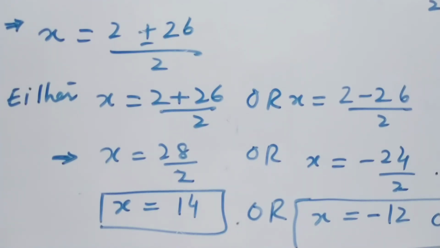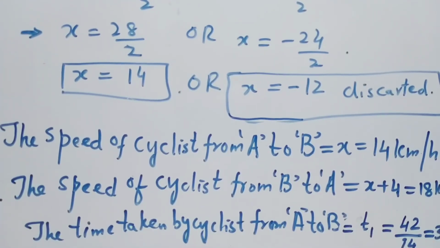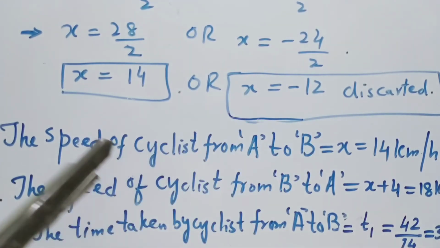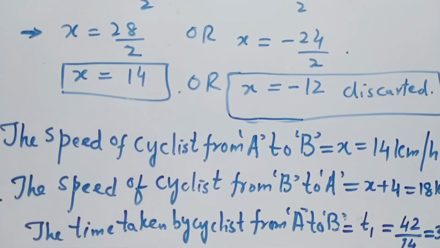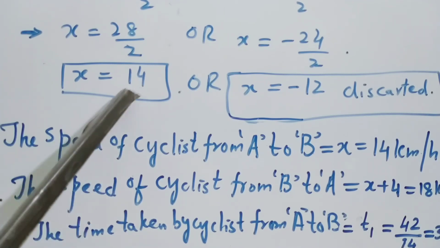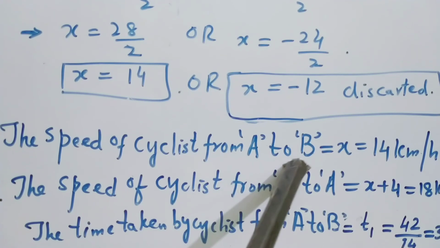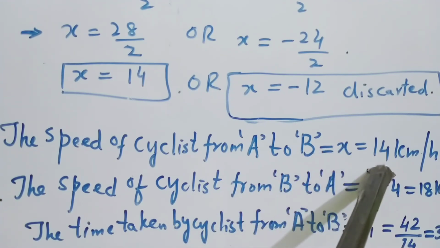So speed can never be negative, so this negative 12 will be discarded because speed is not negative. So after discarding the negative 12 value of the speed, we are taking x equal to 14 as the speed of the cyclist moving from A to B, x is equal to 14 km per hour.